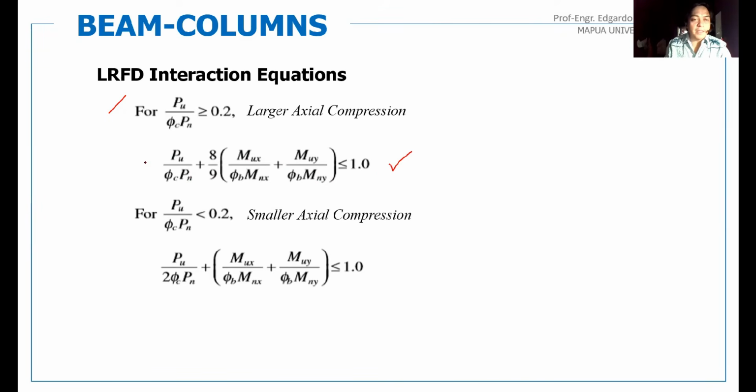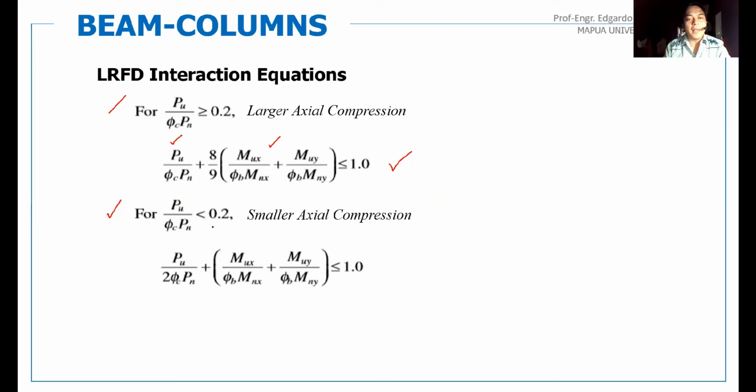As you can see from this interaction equation, the first term is more of axial compression, while 8 over 9 is allotted only for bending. The second condition is applicable whenever we have Pu over phi Pn less than or equal to 0.2.